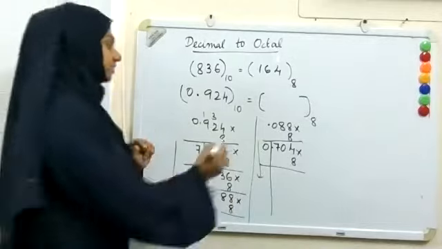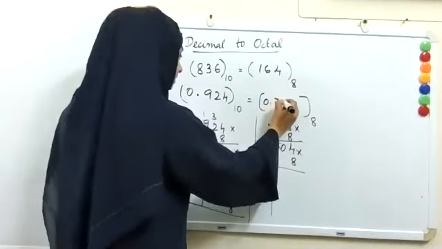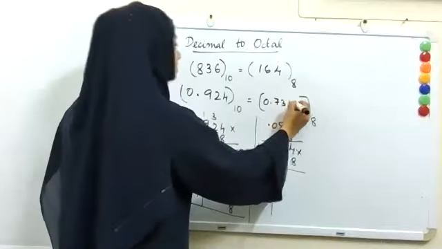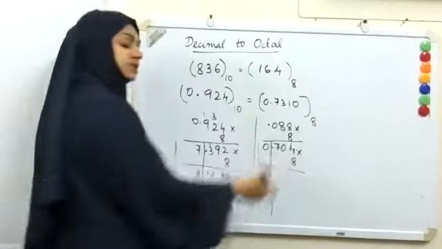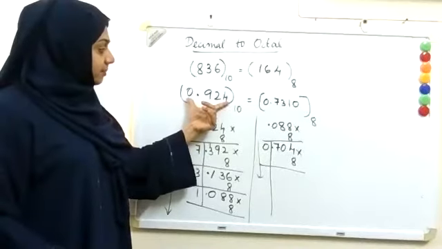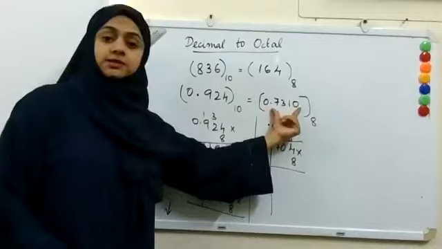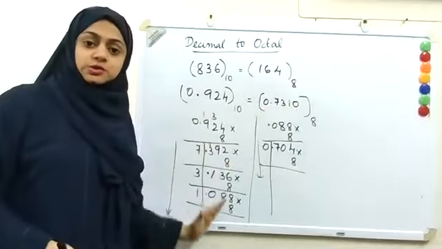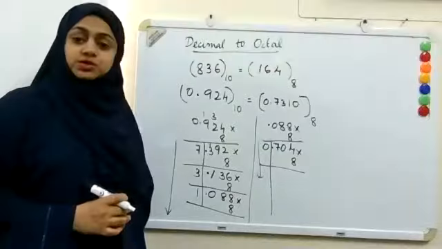So I will write here 0.7310. And if you keep on multiplying, you will get more digits. So is this clear how to convert a number with a point from decimal to octal? Is this clear to you? Yes, teacher.